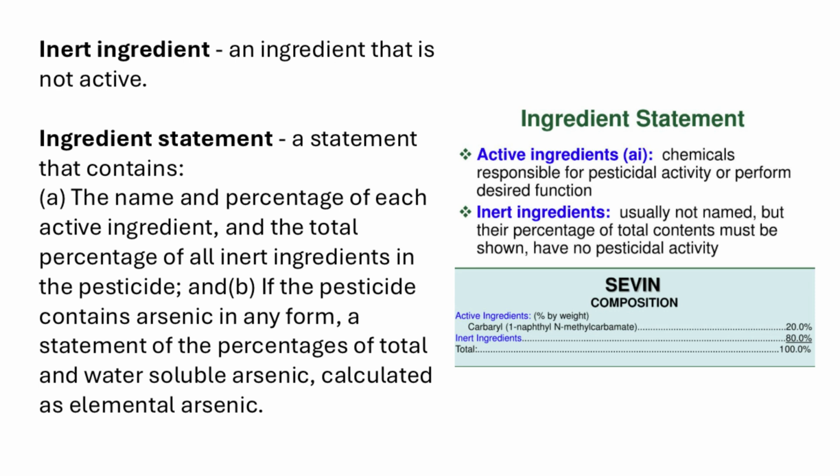Ingredient statement. A statement that contains A, the name and percentage of each active ingredient, and the total percentage of all inert ingredients in the pesticide, and B, if the pesticide contains arsenic in any form, a statement of the percentages of total water-soluble arsenic calculated as elemental arsenic.